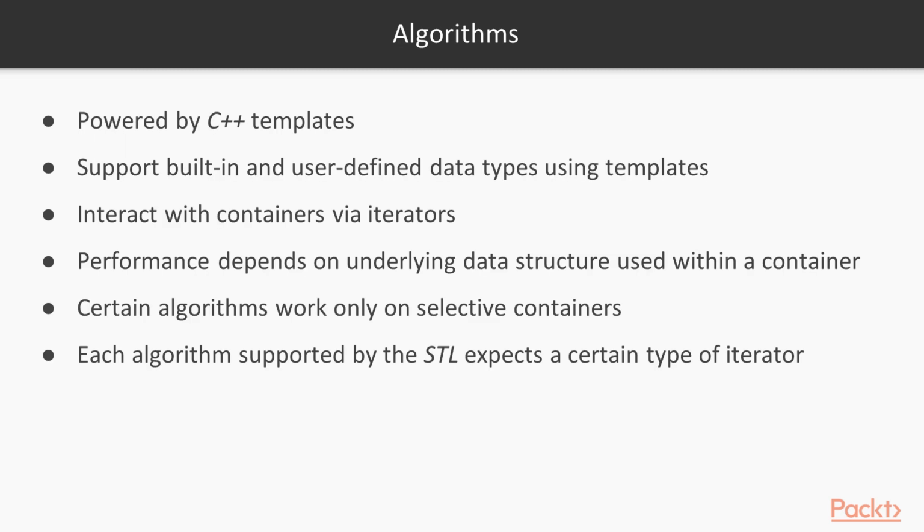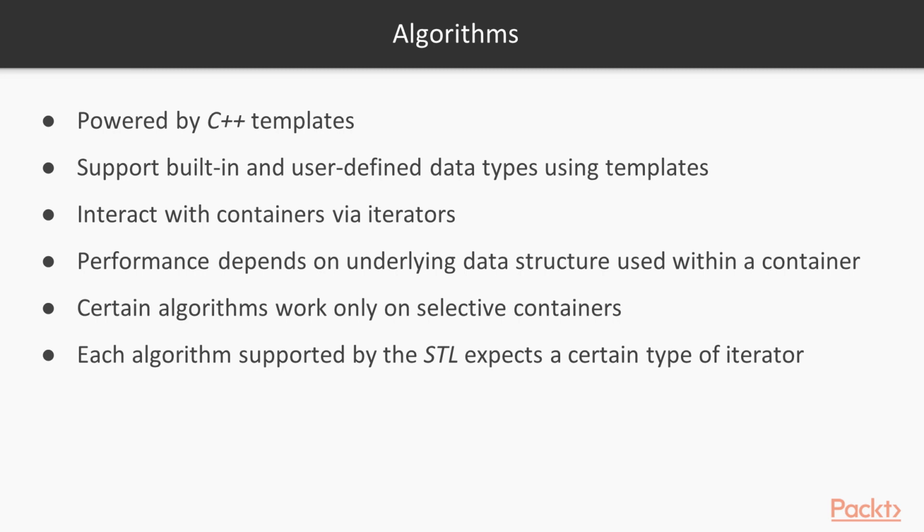The STL algorithms are powered by C++ templates. Hence, the same algorithms work irrespective of what data type they deal with or independently of how the data is organized by a container. Interestingly, the STL algorithms are generic enough to support built-in and user-defined data types using templates. As a matter of fact, the algorithms interact with the containers via iterators.